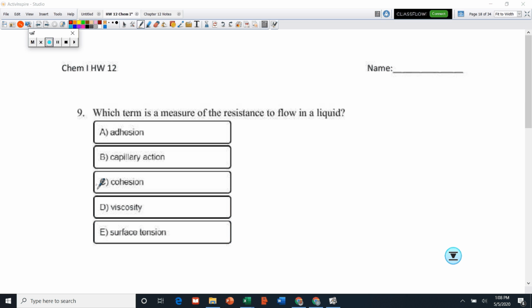All right, which term is a measure of the resistance of flow of a liquid? All right, so remember, adhesion talks about sticking to a surface. Capillary action is basically ability to go up a tube.